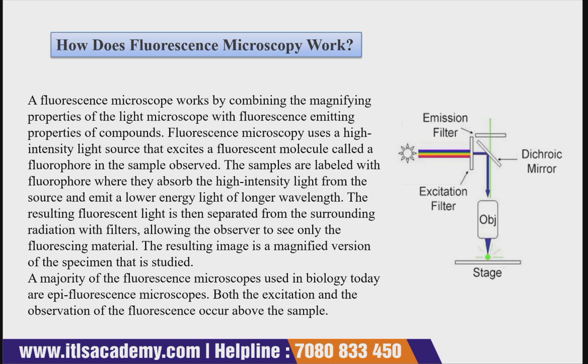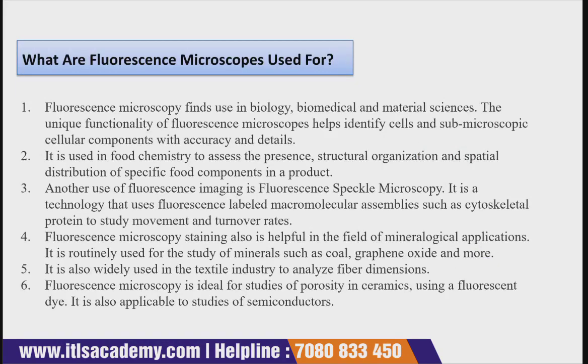The resulting image is a magnified version of the specimen being studied. The majority of fluorescence microscopes used in biology today are epifluorescence microscopes, where both the excitation and emission of the fluorescence occur above the sample.